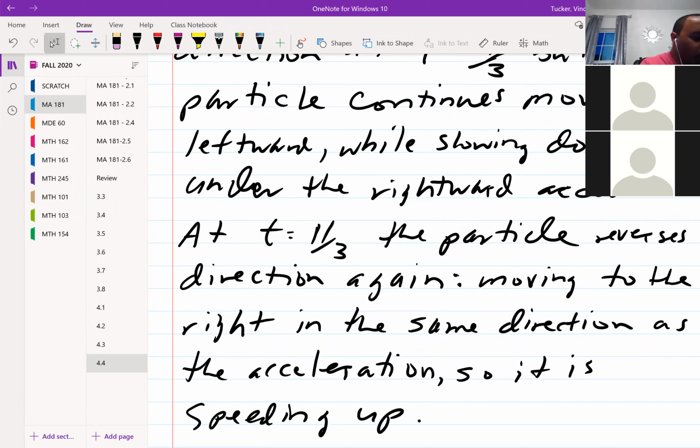So it is speeding up. All right. So if you were to put those numbers together, our test for increasing and decreasing, concave up, concave down, that's what those things mean word-wise when it comes to the description of what the particle is doing and how the particle is moving.